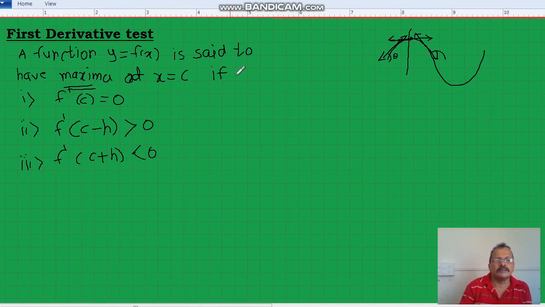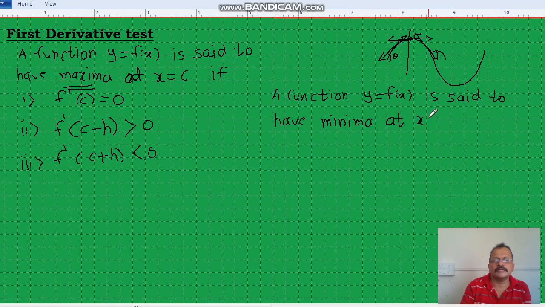And similarly, the first derivative test for minima: a function y equal to f(x) is said to have minima at x equal to c if the first condition is the same, f dash c is equal to 0.